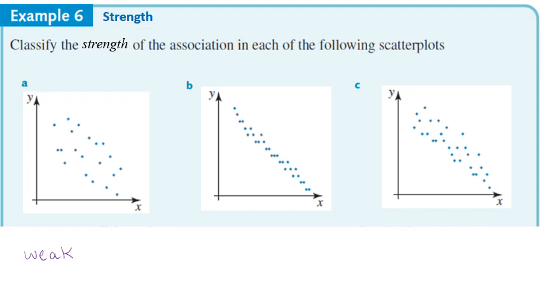This middle one here, see there's less scatter, it's all centered around the same bit, so I would say strong. And this last one here, I wouldn't say it's particularly weak or strong, so I could just say it was a negative correlation, or I could describe it as maybe moderate correlation. That just means in the middle, kind of.